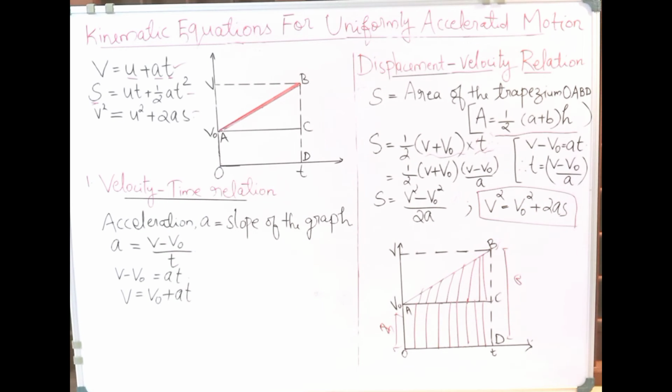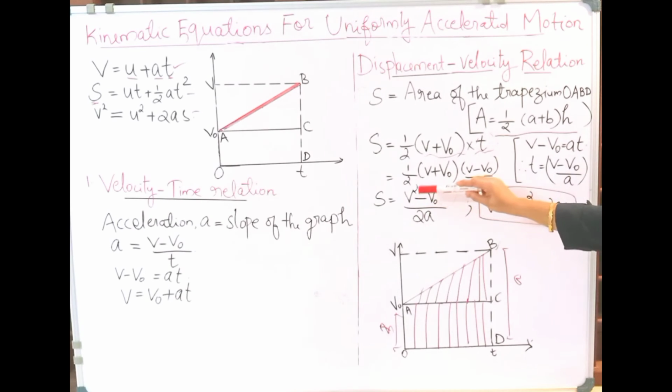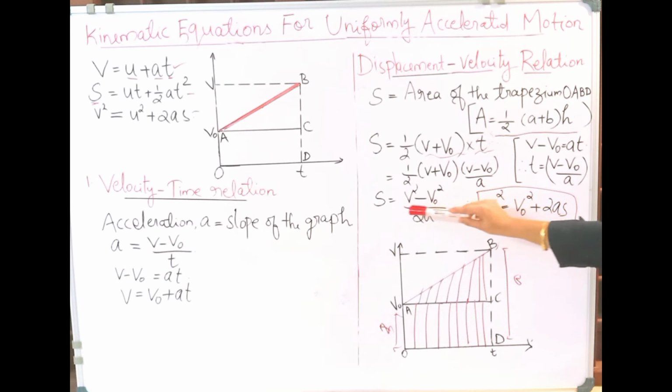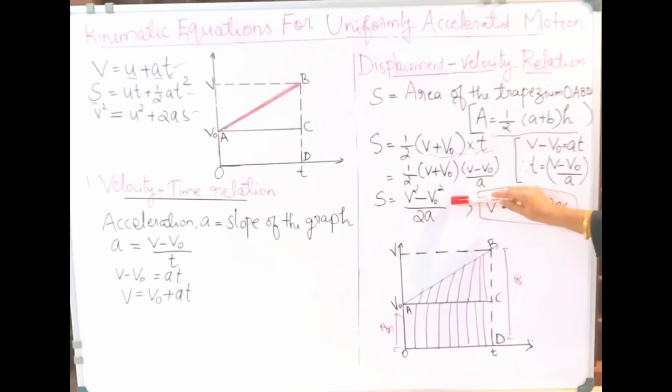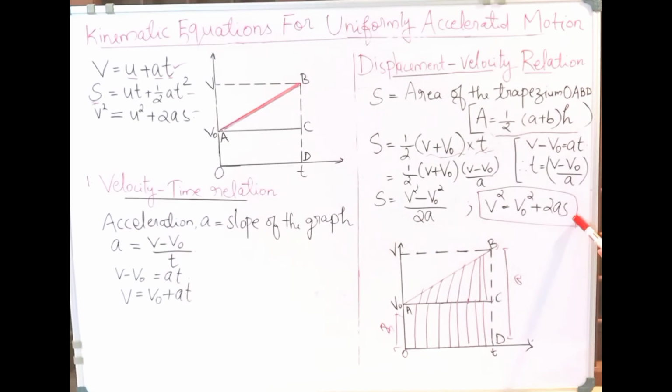Then we have to write it in the form v square is equal to u square, or v0 square, plus 2as. So we can cross multiply here, that is 2as will be equal to v square minus v0 square. When we are rearranging, what will we get? V square is equal to v0 square plus 2as. Is it clear?